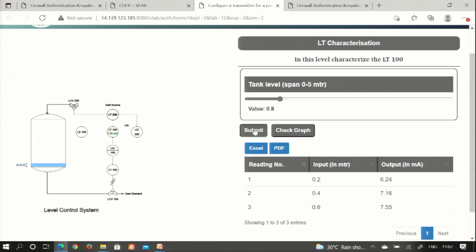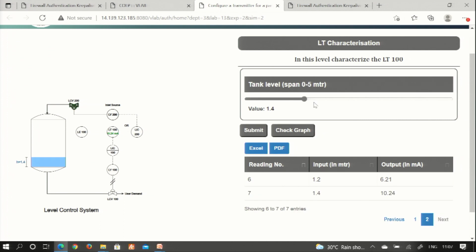Just look at this. Then a student will keep on changing the fluid level in the tank, and he or she will observe the output of the transmitter.